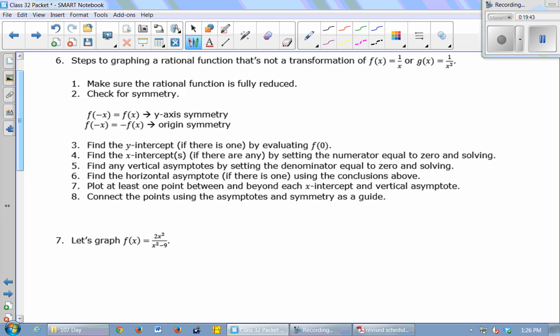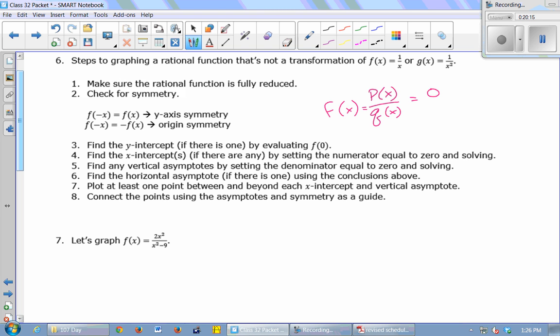So if I have p of x over q of x, this is really what you do when you want to find the zeros of any function: you set it equal to 0 and solve it. But I only have to set the numerator equal to 0 because you can think of it as setting the whole thing to 0 and then multiplying both sides by q of x, but q of x times 0 is 0, so the right side doesn't change.